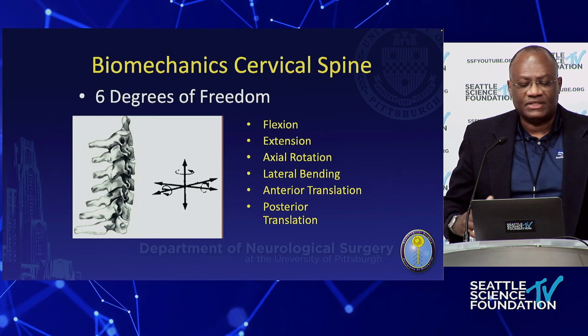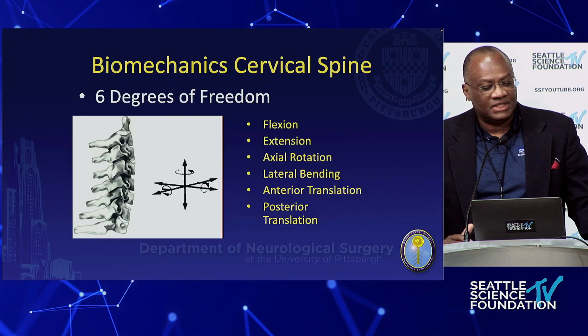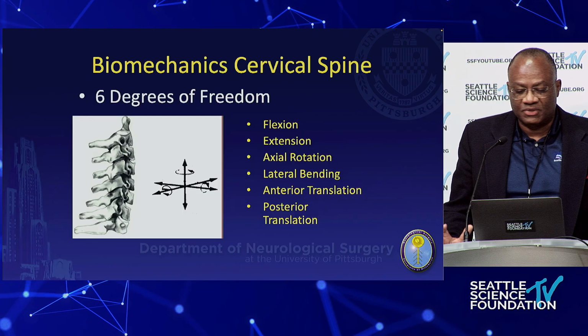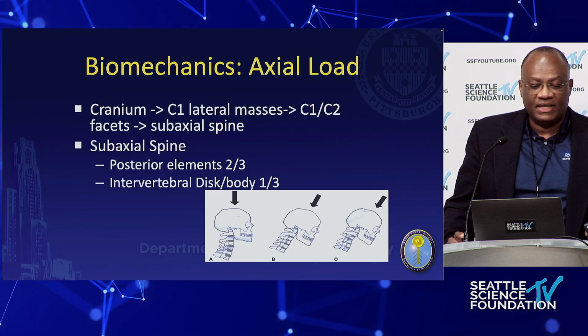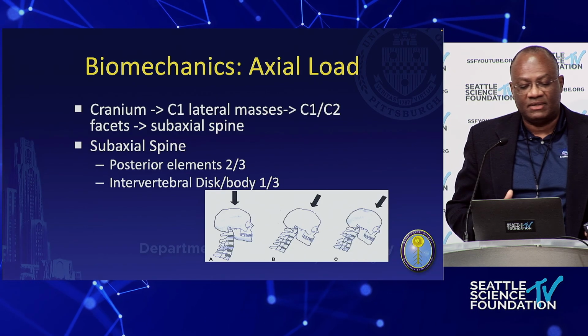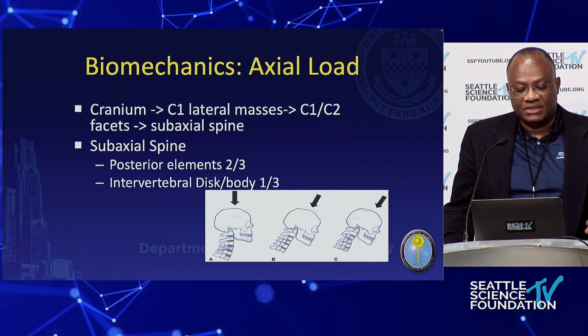So a little bit of biomechanics, which I talked about in my other talk. We're well aware of the 6 degrees of freedom in the cervical spine, flexion, extension, to posterior translation. And in the cervical spine, we talk about the biomechanical axial loading sustainability of it.